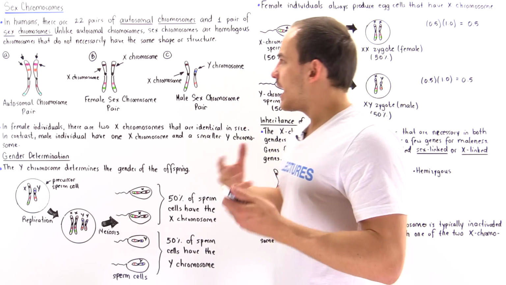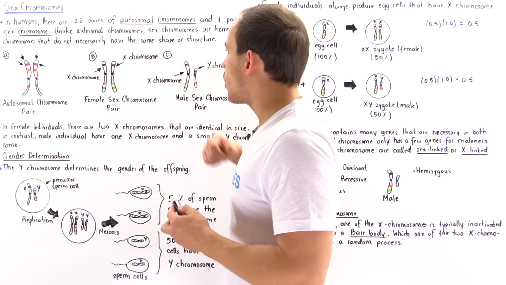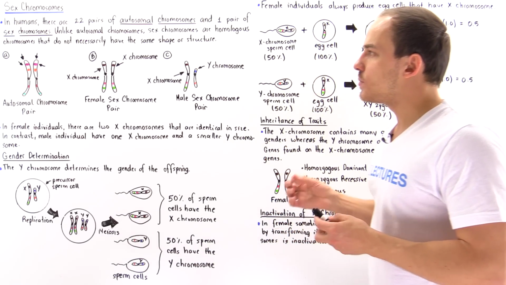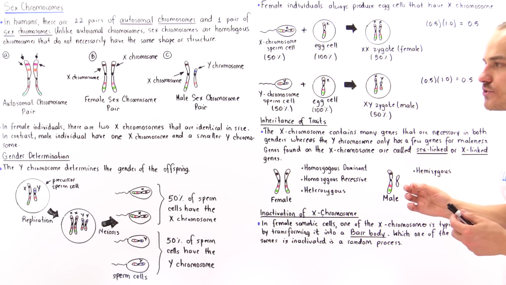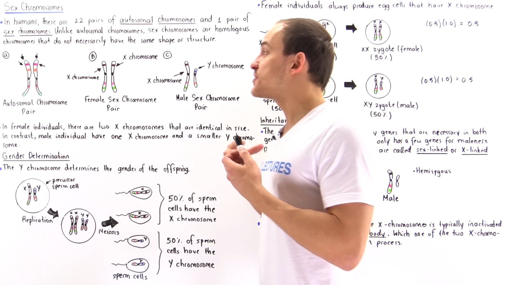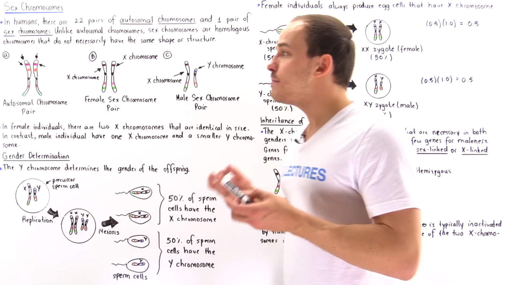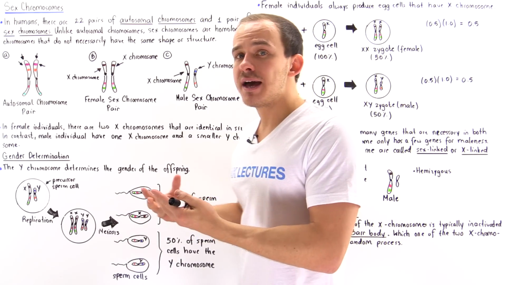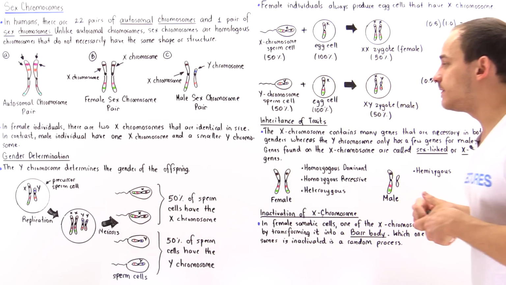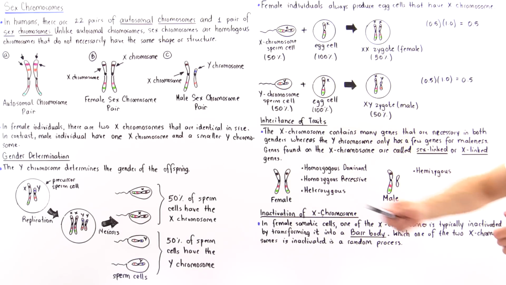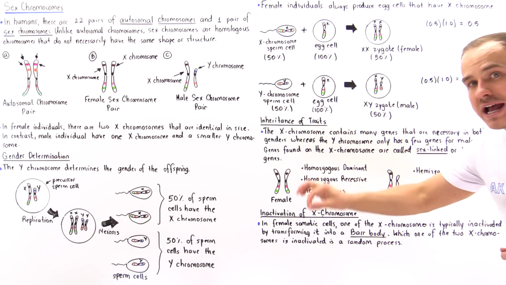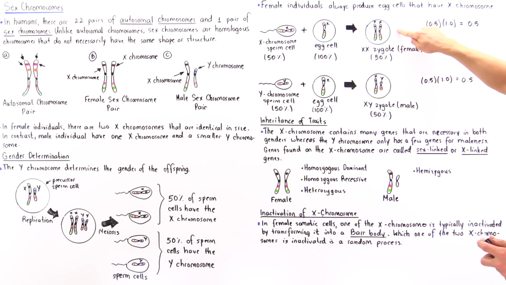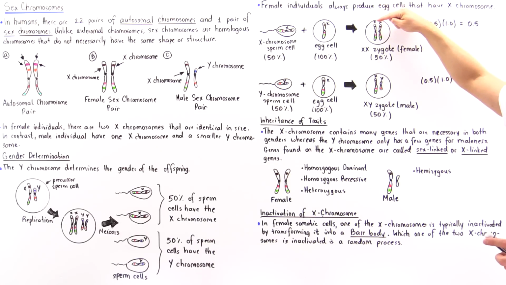Now earlier when I introduced the X chromosome, I said that the X chromosome contains many genes that are involved in expressing proteins that basically are important in not only the female individual but also the male individual. So the X chromosome contains many genes that are necessary for both genders, and that's exactly why both of these individuals, the female and the male, contain X chromosome.